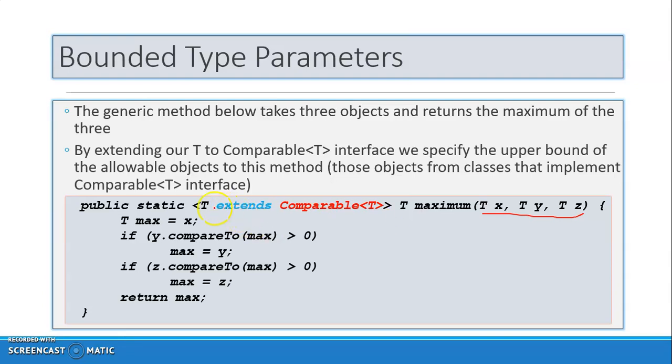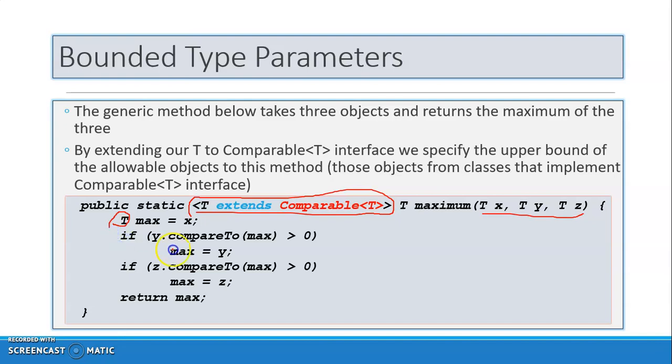So here we should take note of how the first part is implemented. We are using T with the keyword extends Comparable T, and instead of int max equals x, we are saying T max equals x, and we have also used T instead of the data types to declare those parameters.